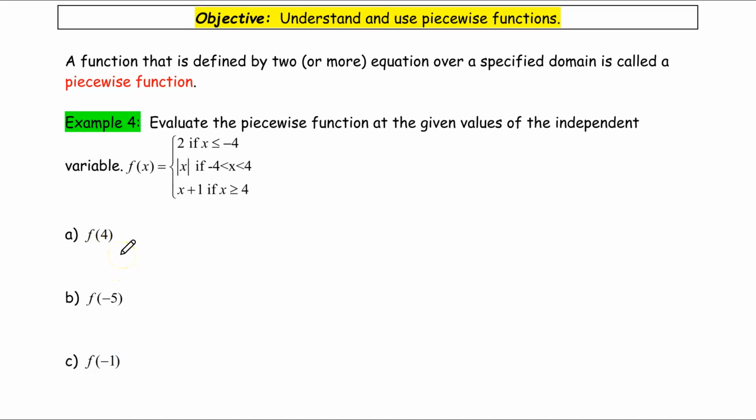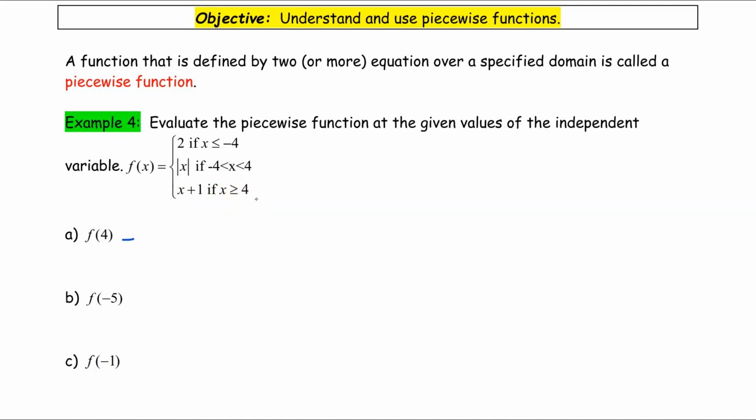If x is equal to 4, then you have to look at the specified domains here and see where you can find 4. As you notice, you would find that on the third equation. So your function is defined as x plus 1 if x is greater than or equal to 4.